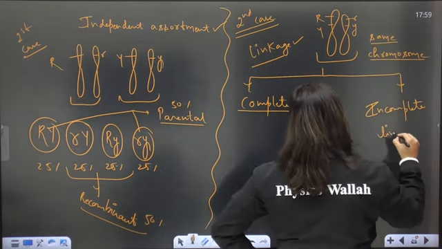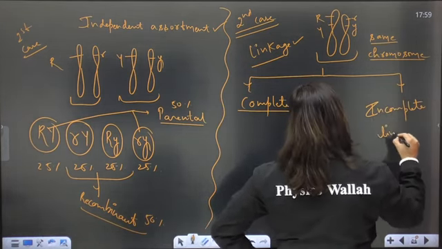But if there is incomplete linkage, then the genes are present on the same chromosome but a bit far away. That means they love each other, but sometimes they get angry with each other and can go away from each other. So these two are present on the same chromosome, but at a distance. So there are chances that this gene can be separated from this gene. And how can this happen? With the help of an agency called crossing over. You know what crossing over is?